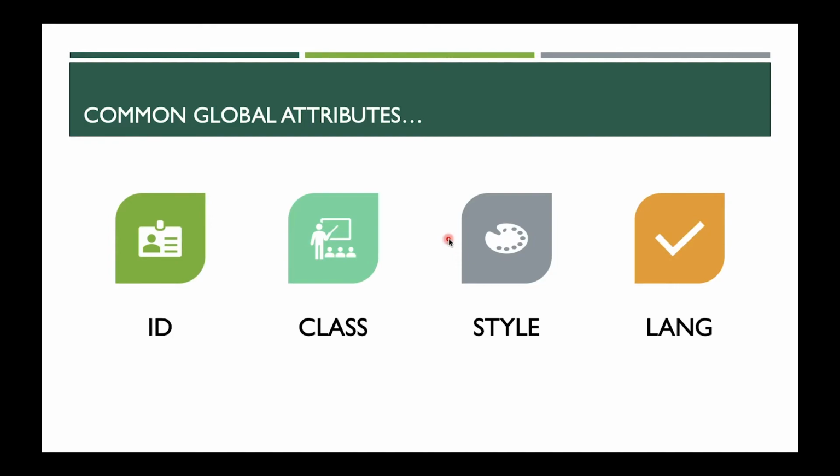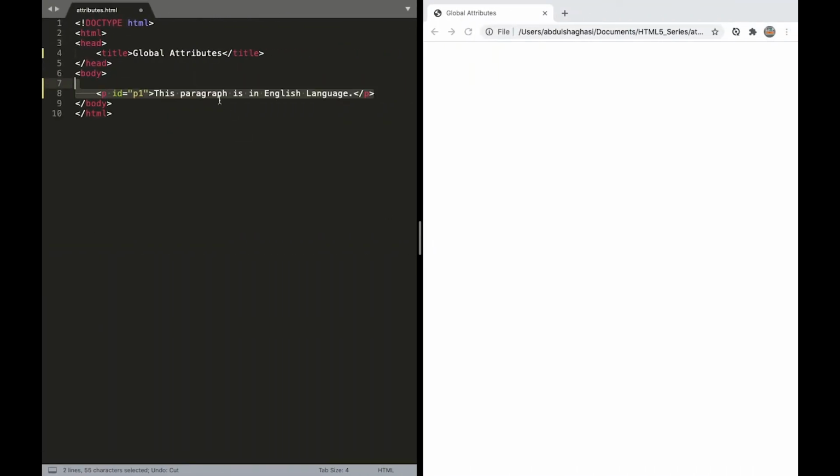Let's look at an example of how it's done. So here in this example, I've got this paragraph which says this paragraph is in English language. And I've got this ID for it. ID is just an attribute that can have any type of value that you want, right? So it's just custom. I like P1, so I put P1. You can just put anything.